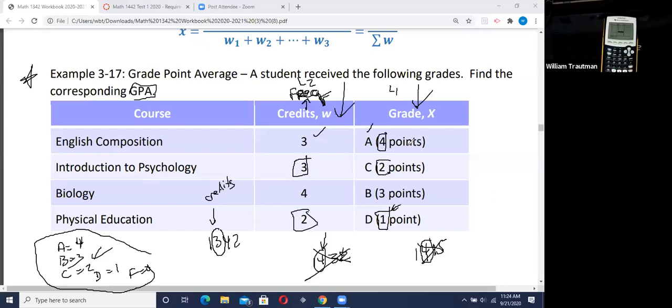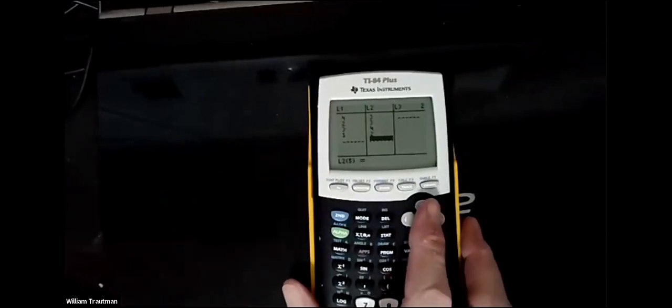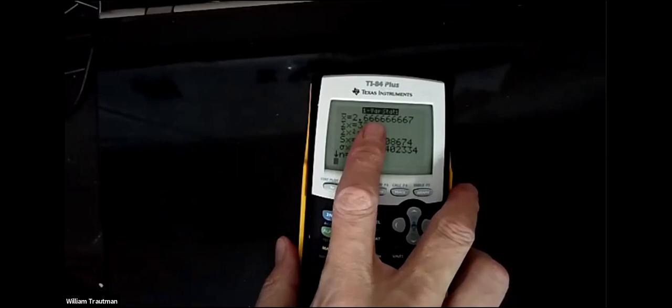So I put everything in L1 and L2. To find my GPA, it's just the mean. Go to stat, calculate one var stats. I have L1 and L2, data in both of those. I'm using both, and my GPA is 2.66.